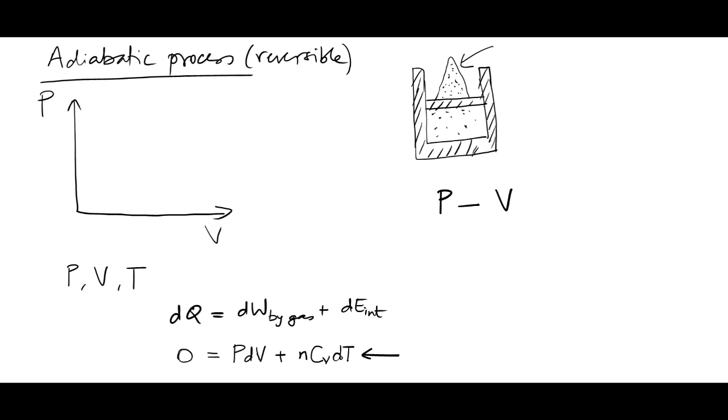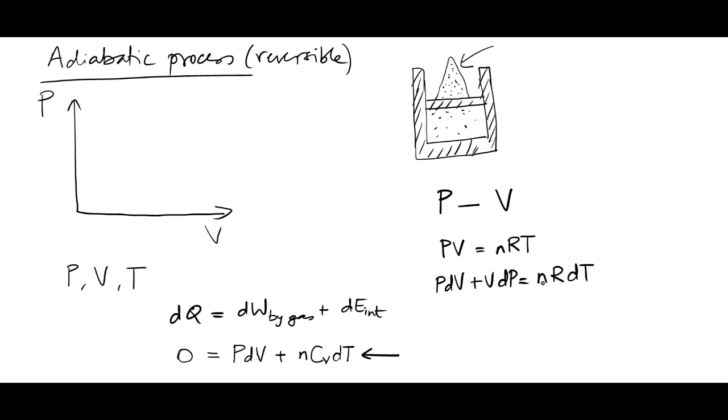Now, to get rid of the temperature term, I write the ideal gas equation of state, that is PV is equal to nRT, and I actually want to substitute for dT, so I differentiate this. I get PdV plus VdP is equal to nR dT.